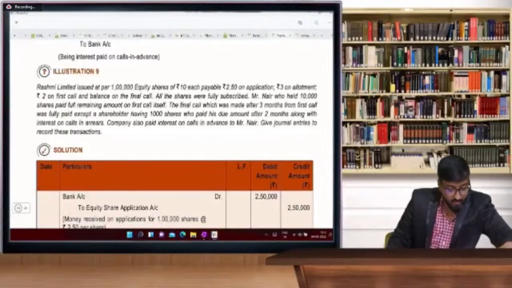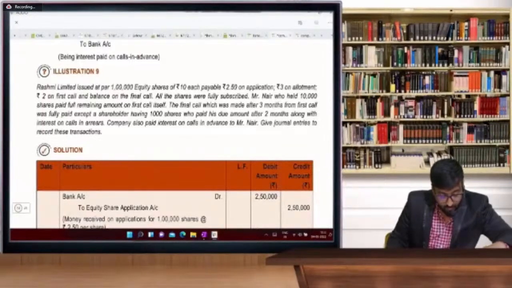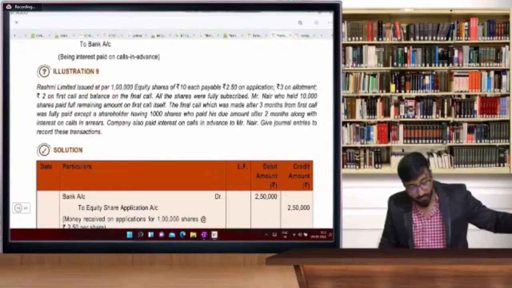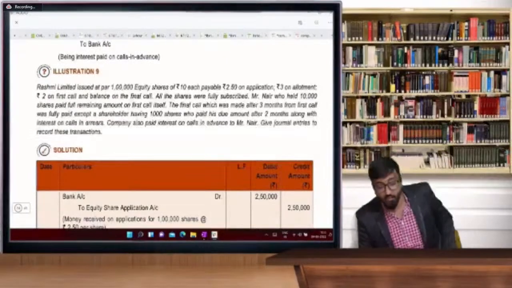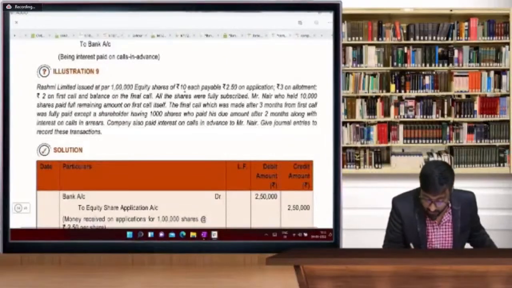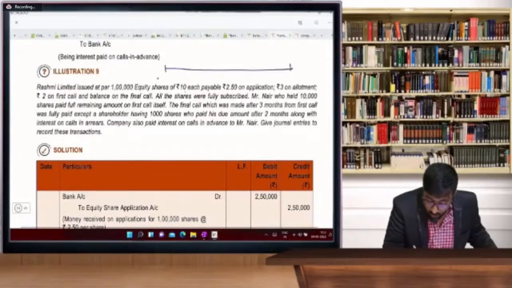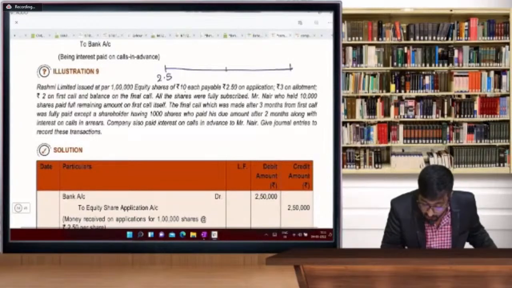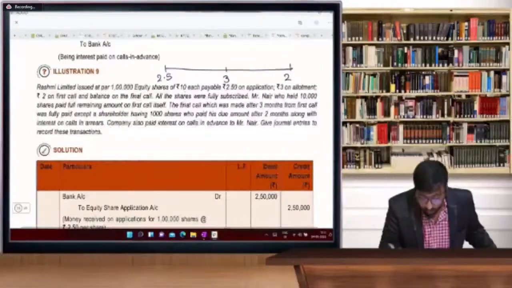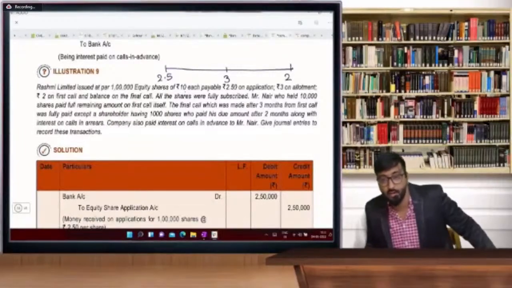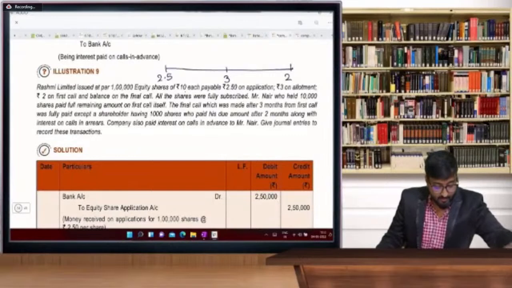Rashmi Limited issued 1 lakh equity shares of rupees 10 each, payable 2.5 on application, 3 on allotment, and 2 on first call. So write down this question now.